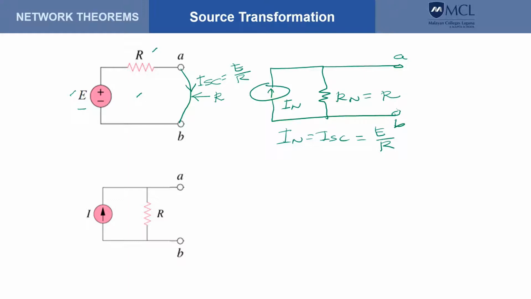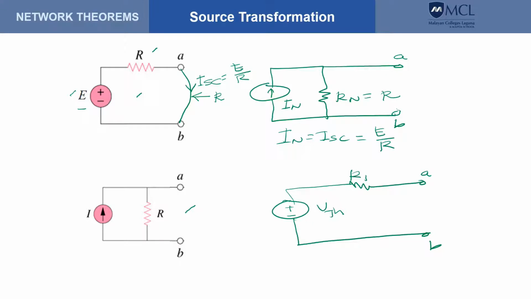Similarly, let's say we want to convert this circuit, a current source that is in parallel with a resistance, into its Thevenin's equivalent. That means we're looking for a voltage source VTH that is in series with a resistance, where the resistance is RTH.